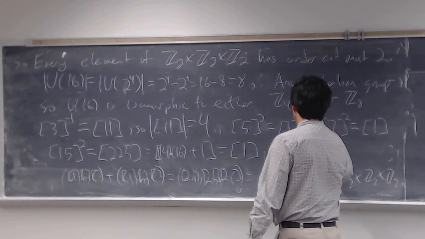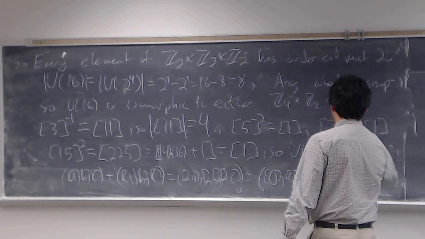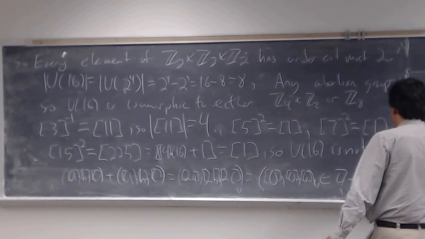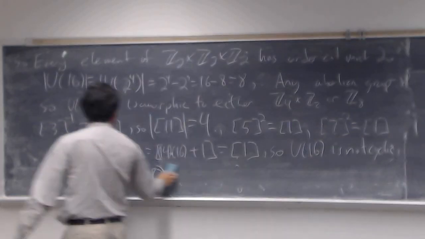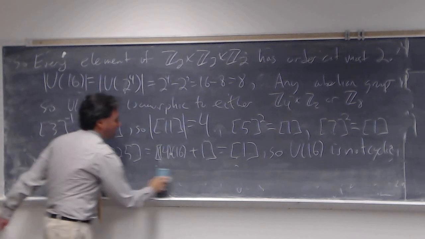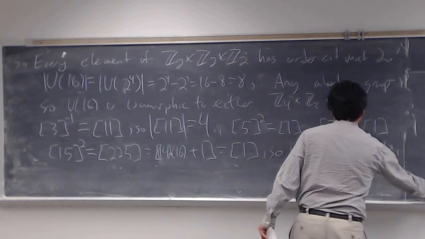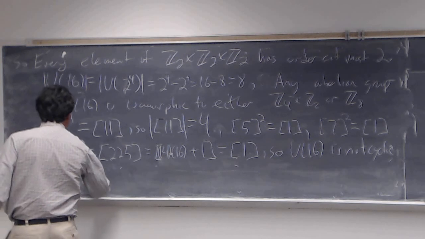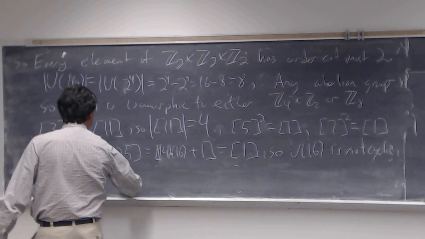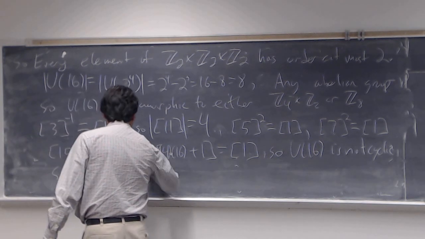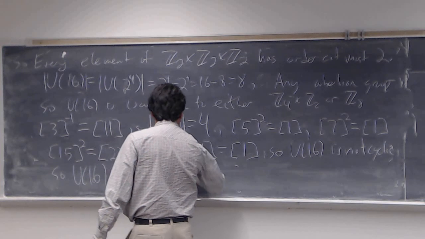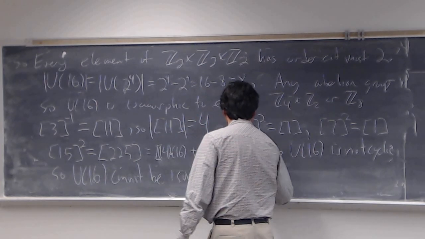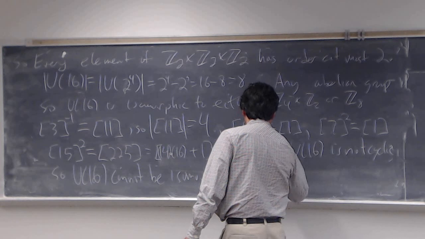So U16 is not cyclic. It does not have an element of order 8. Z8 is cyclic. It does have an element of order 8. So U16 cannot be isomorphic to Z8.